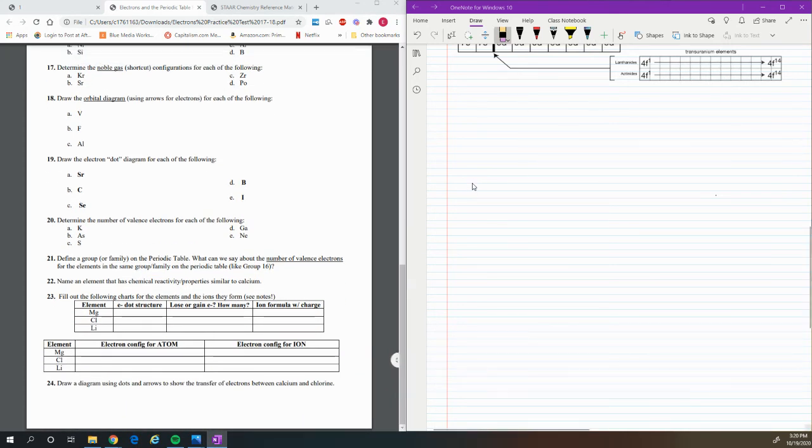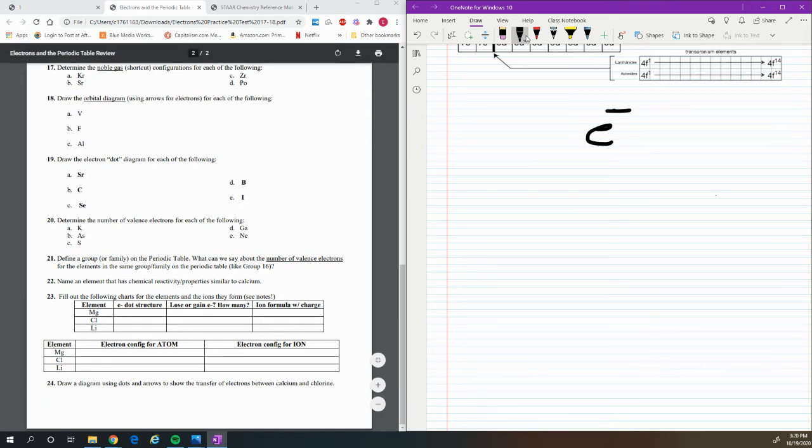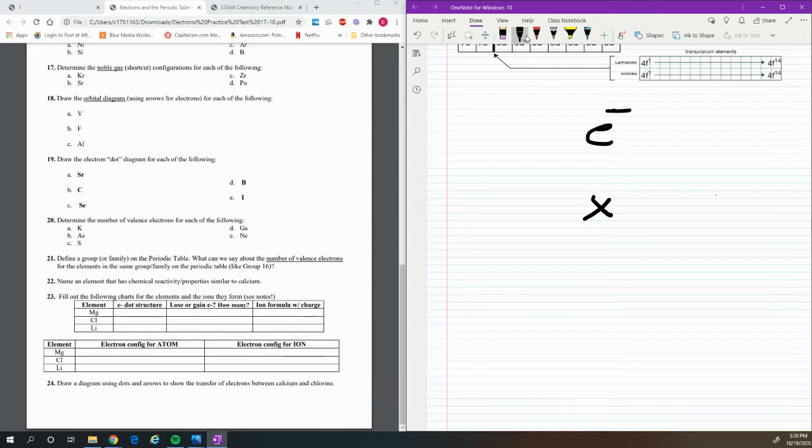So before I do this, let's talk about the principle behind this. First of all, we're talking about electrons. Electrons are negative. Let's say X is a made-up element, and X has 1, 2, 3 electrons. If X loses these electrons, they go away.